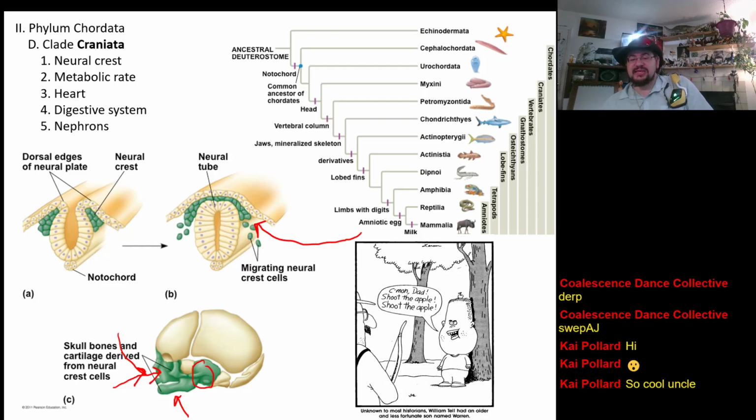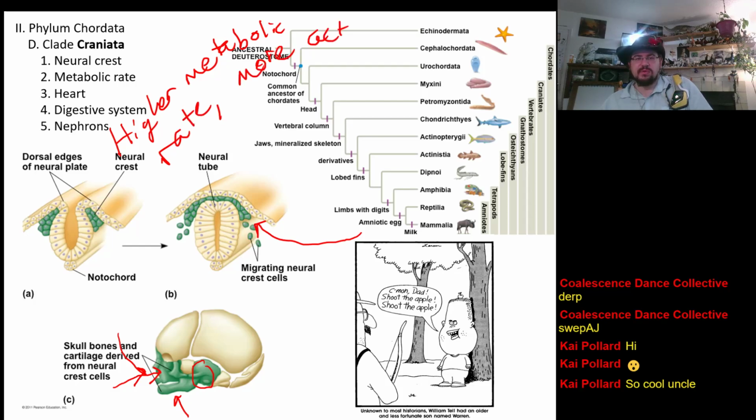Craniates tend to have a much higher metabolic rate, which allows them to be more active, more energetic.